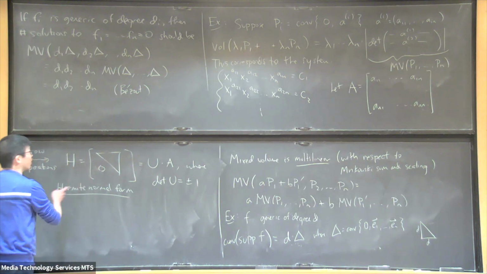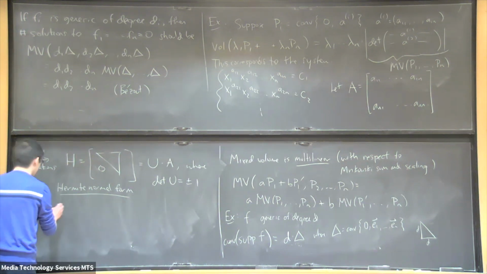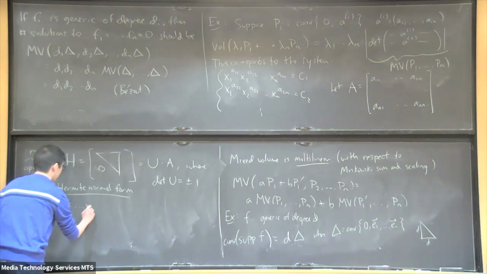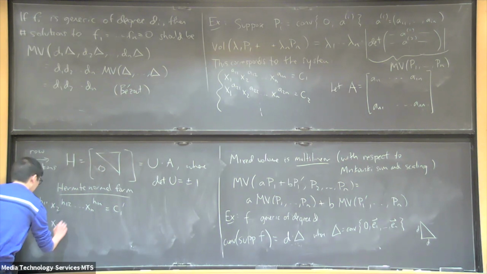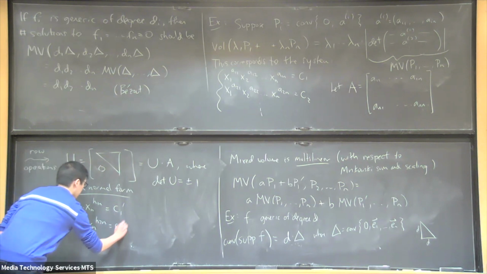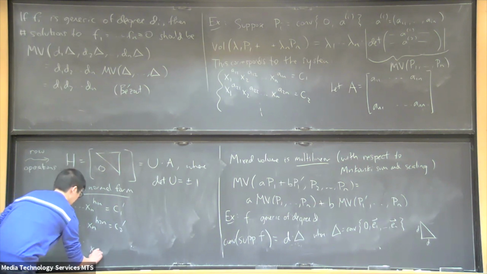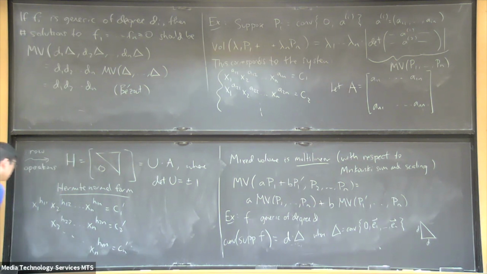So this will turn into a system which looks something like x1 to the h11, x2 to the h12, up to xn to the h1n, is some new constant. And now when you have this triangular system, it's very easy to count the number of solutions.